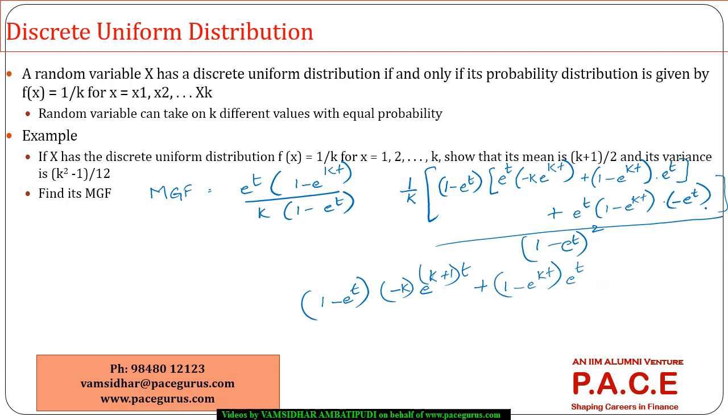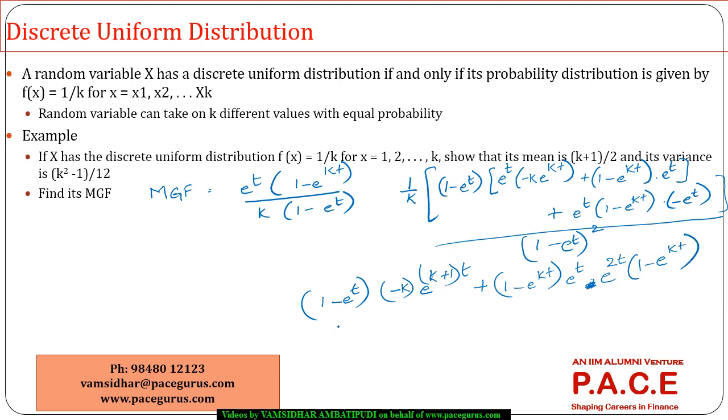So e to the power t minus e to the power t, if you are looking at it, it is becoming e to the power of 2t, right? It is 1 minus e power 2t times 1 minus e power kt.